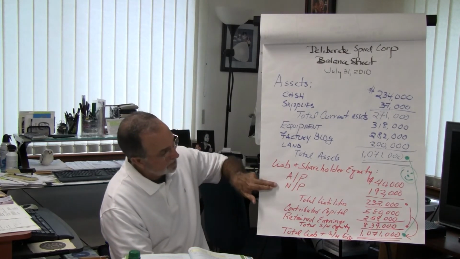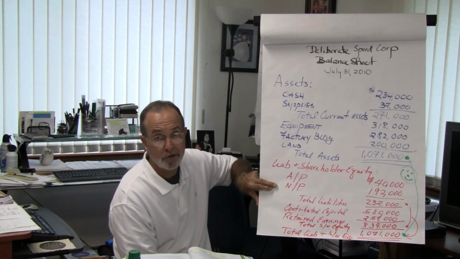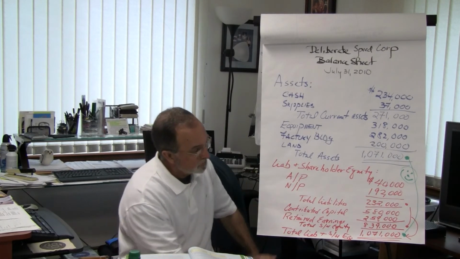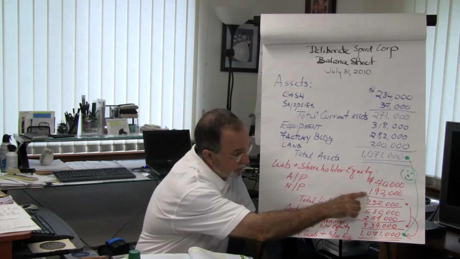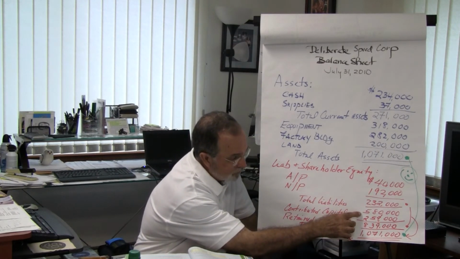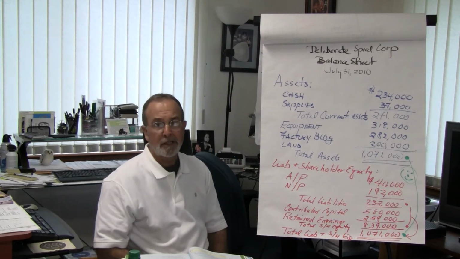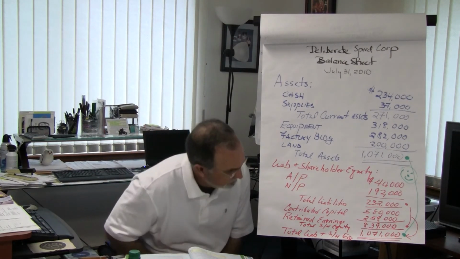So in this example, our note payable total is considered long-term. So if we look at notes payable of $192,000 and compare it to equity of $839,000, it becomes obvious that our assets are financed primarily through stockholders' equity.